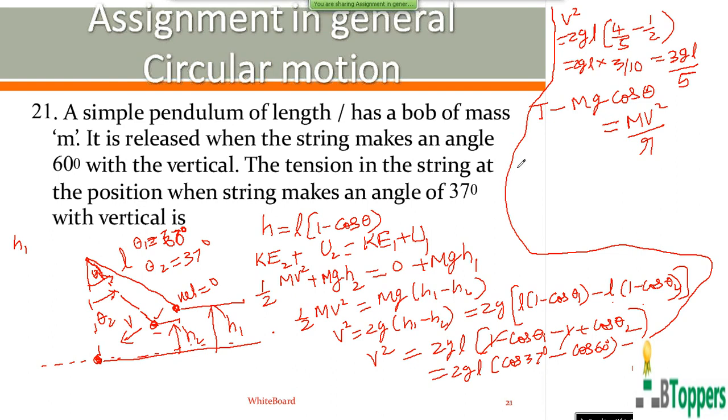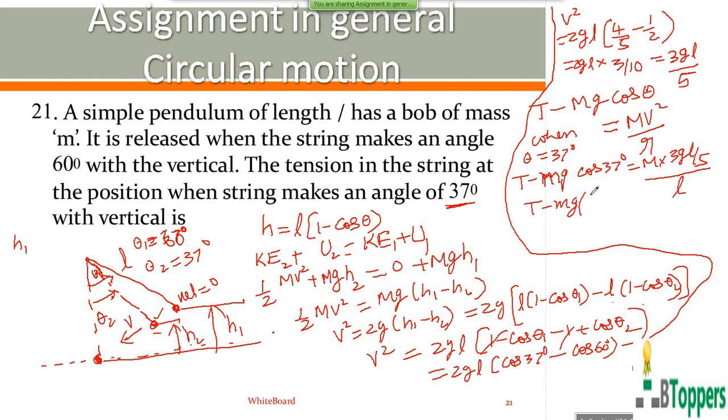Substitute in this equation. You have to find the magnitude of tension in the string at the instant when the string makes an angle theta equal to 37 degrees with the downward vertical. So T minus mg cos 37 degrees equals m v square by L, where the mass of the bob is denoted by small m. You can write v square as 3gL by 5. The radius of the circular path is the same as the length of the string. Cos 37 degrees is 4 by 5, so on the right side you get 3mg by 5.